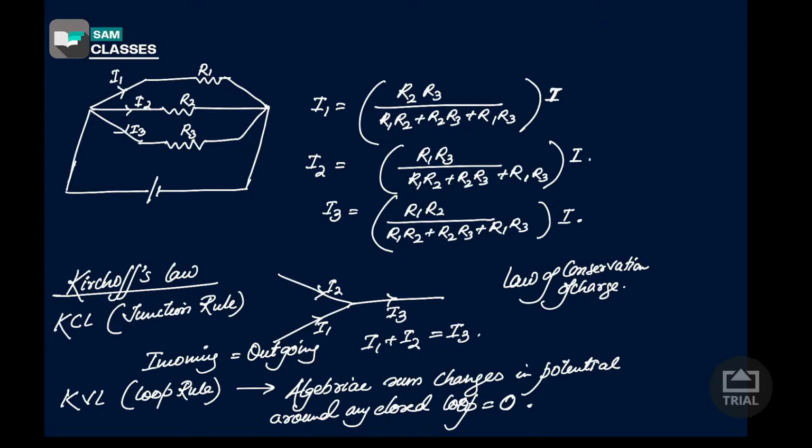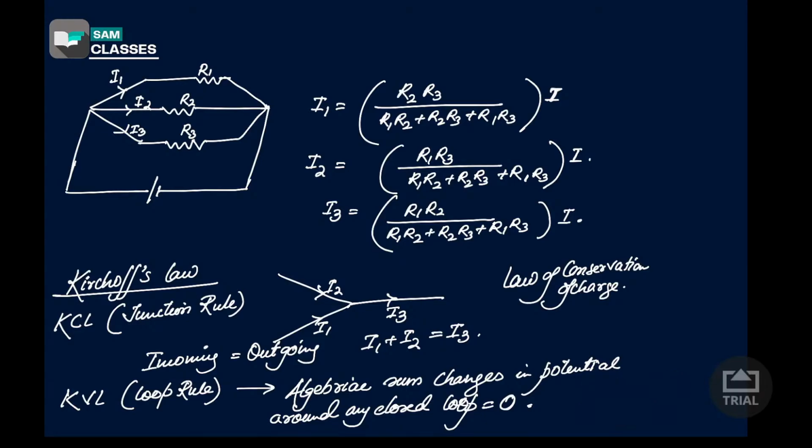Next, KVL. KVL is also important. What does it say? The algebraic sum of the voltages. Basically, delta V equals 0.